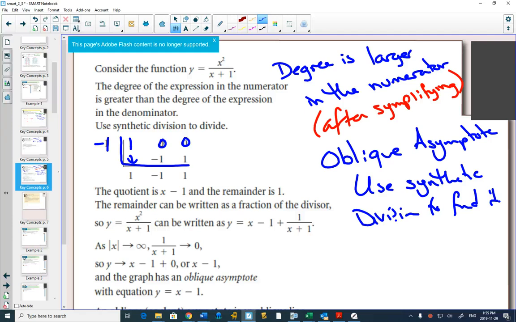Your division statement would tell you that you would get, if I do polynomial as dq plus r, that your q is going to be x minus 1. And whatever your quotient is will be your equation of your oblique asymptote.